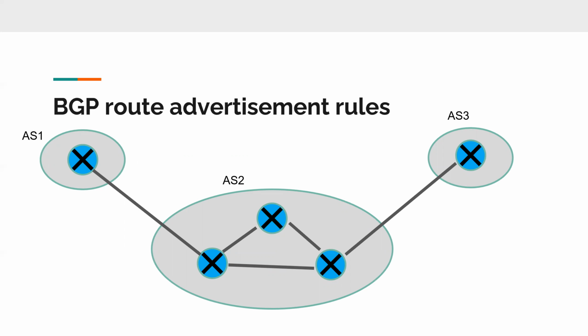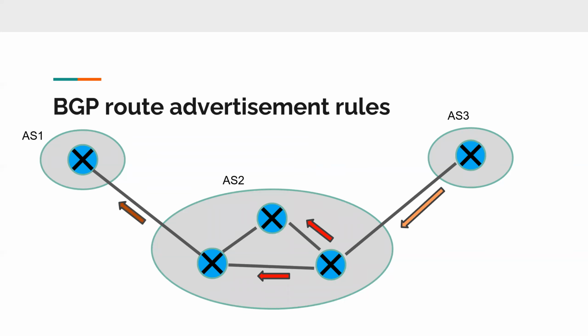In this graph, a message is transmitted from AS3 to AS1. Firstly, this router learns the information from eBGP, and then it advertises to its iBGP peers. After that, this router will advertise the information learned from iBGP to its eBGP peer in AS1.